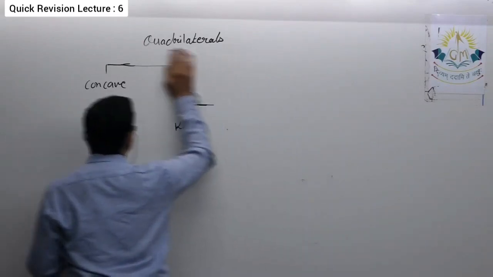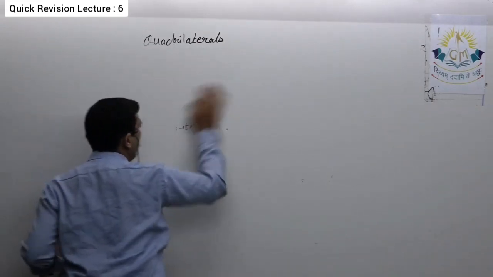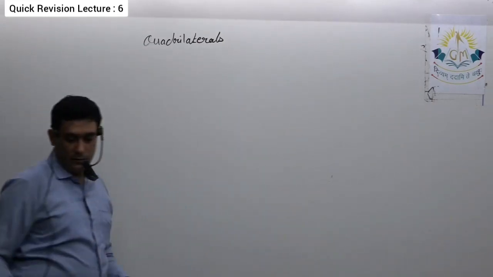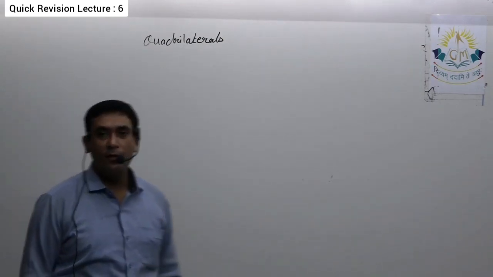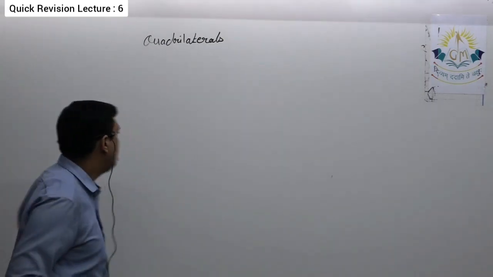Okay, a concave quadrilateral is a quadrilateral in which the measure of one angle is greater than 180 degrees, or in other words we can say whose one angle is a reflex angle.